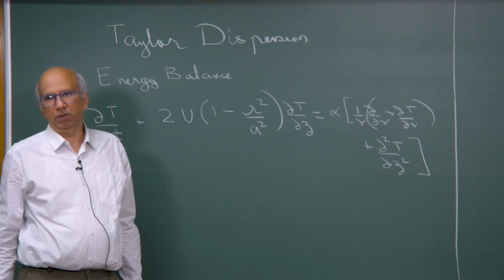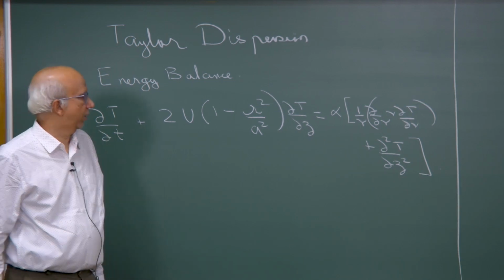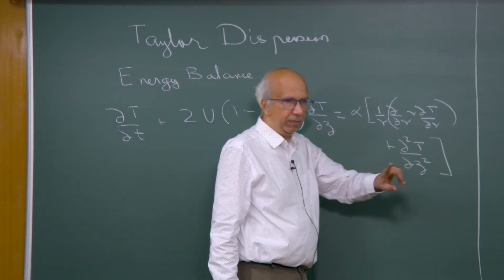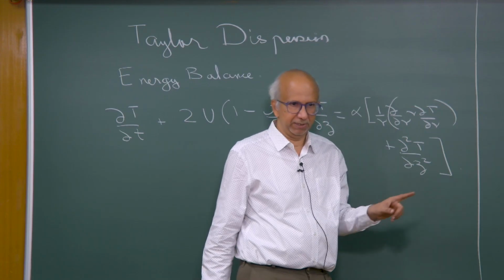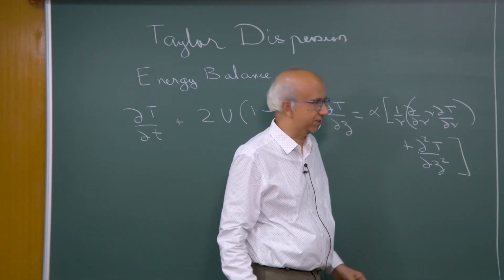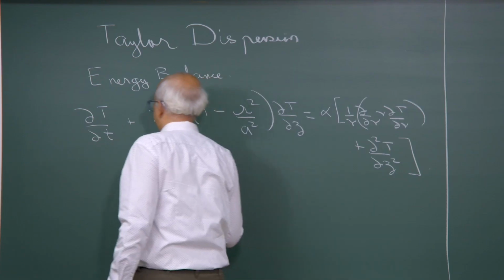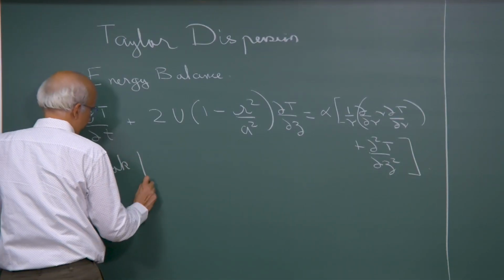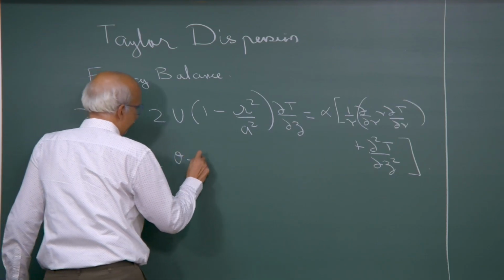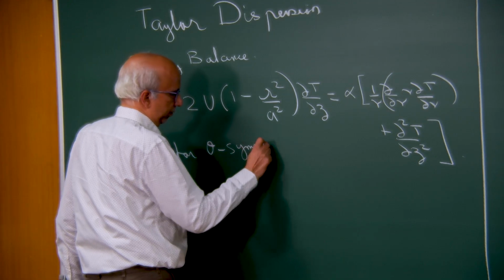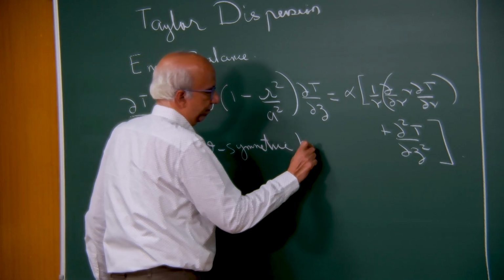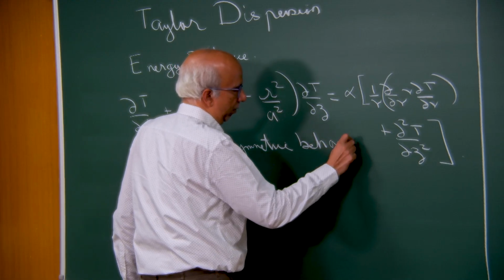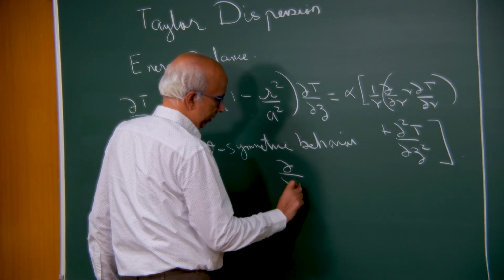So, what are the assumptions we have made? One is that I am not considering any theta variations, so there is theta symmetry in the system. What do I mean by theta symmetric behavior?